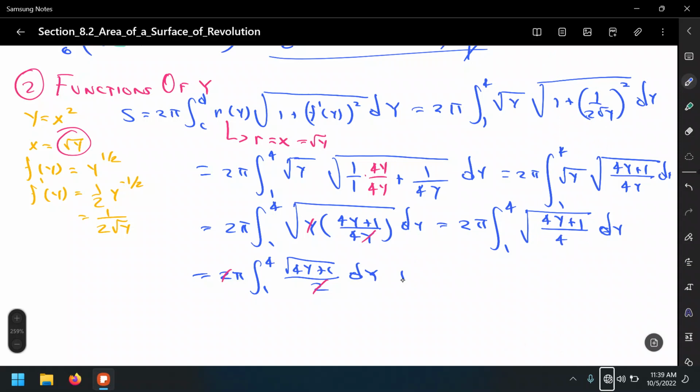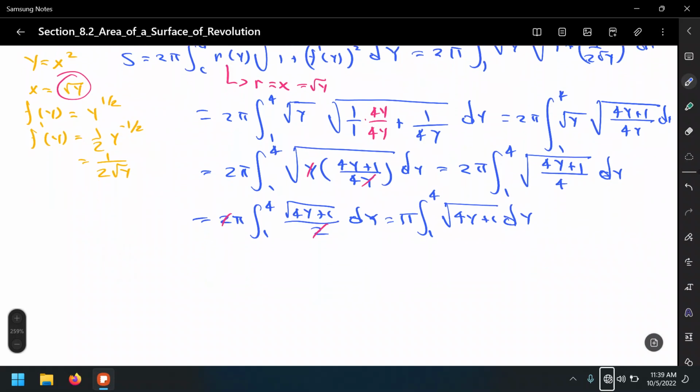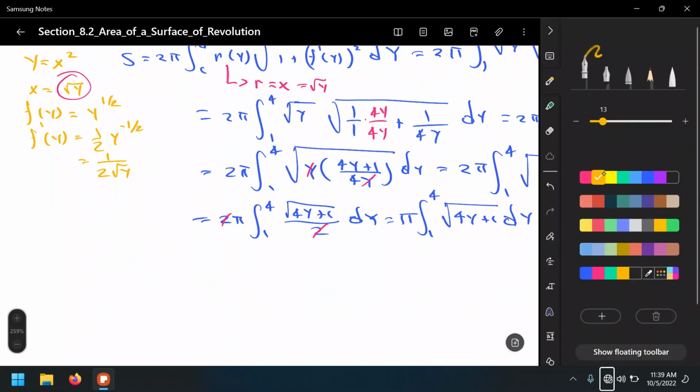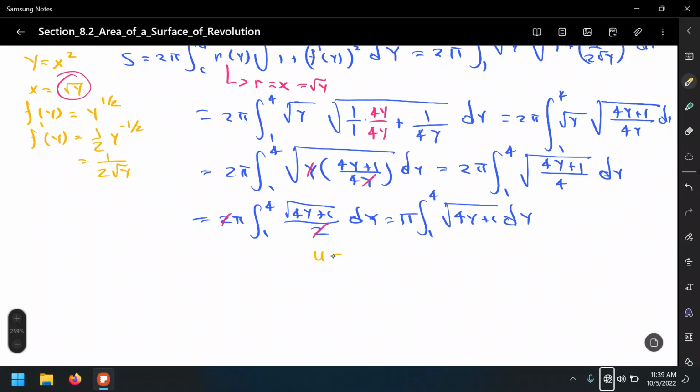So that's going to be pi, the integral from 1 to 4 of the square root of 4y plus 1. So let's do the u substitution for this integral. u equals 4y plus 1, du equals 4 dy.